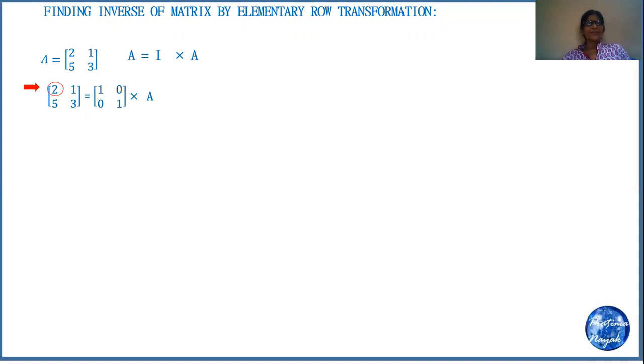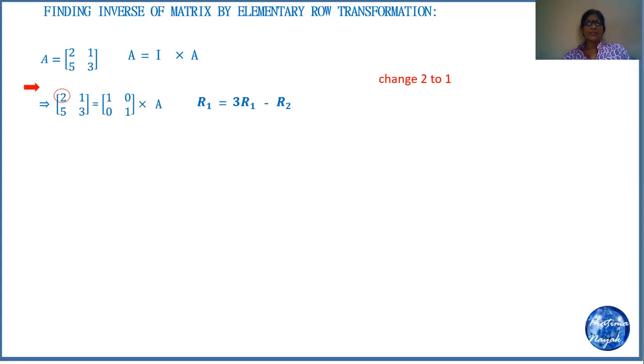So to change 2 to 1, I'll write R1 equals 3 R1 minus R2. Just see this operation. Row 1 elements is equal to 3 times row 1 elements minus R2 elements. That means 2 multiplied by 3 is 6, minus 5, that will be 1.